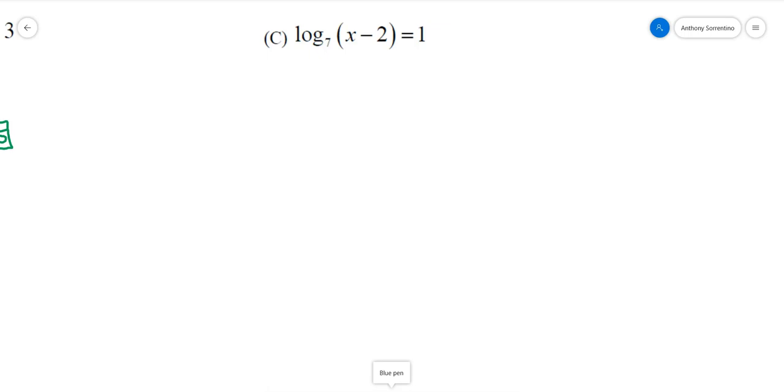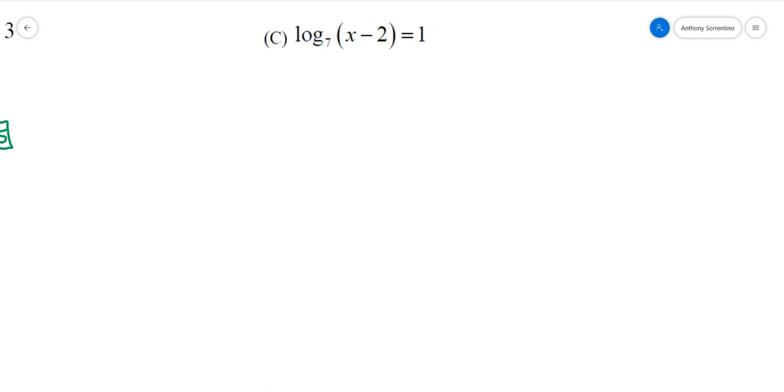The log base 7 of the quantity of x minus 2 is more or less attached to those parentheses. The need for those parentheses is not going to go away, and therefore I can't skip writing the parentheses until that logarithm is gone. And that minus 2 can't go away until the parentheses go away. So that lets me know what I need to take care of first in this instance.